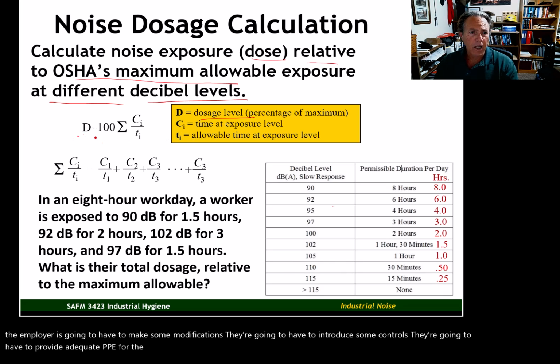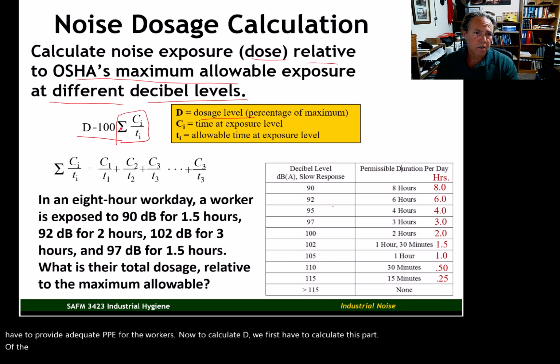Now, to calculate D, we first have to calculate this part of the formula. Summation C sub I divided by T sub I. When this is all spelled out, this is a shortcut notation using the summation operator.